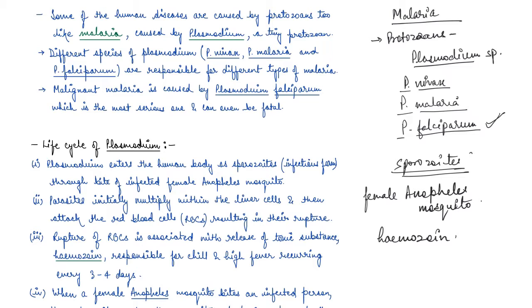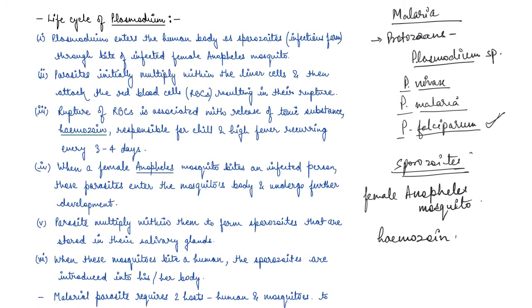This toxic substance is responsible for the chill and high fever that comes as a symptom in the human being. And this chill and high fever keeps on recurring every 3 to 4 days.